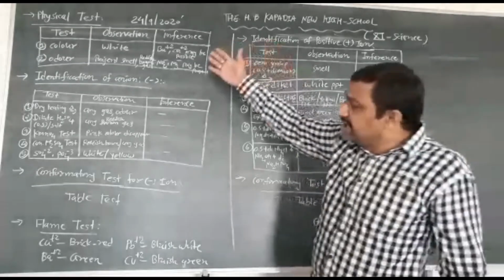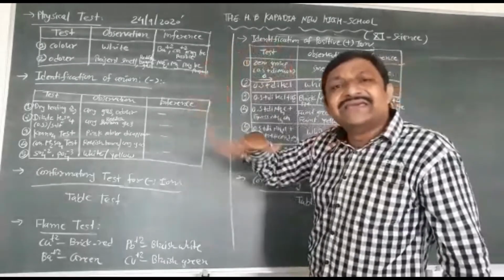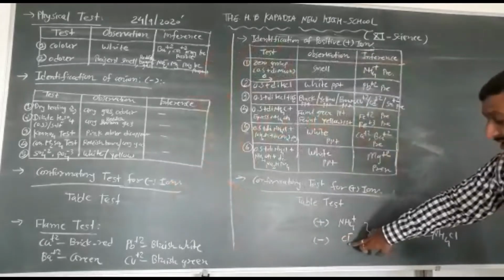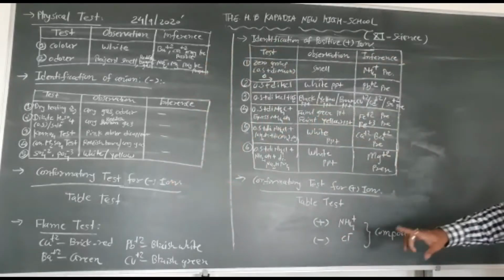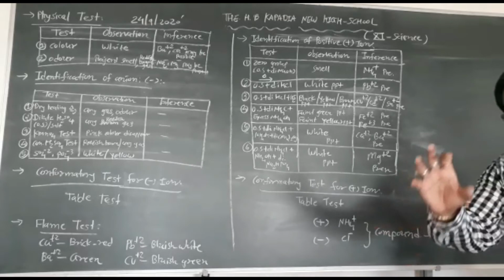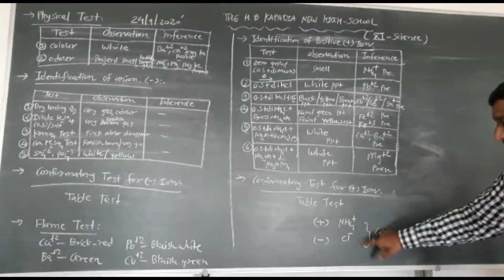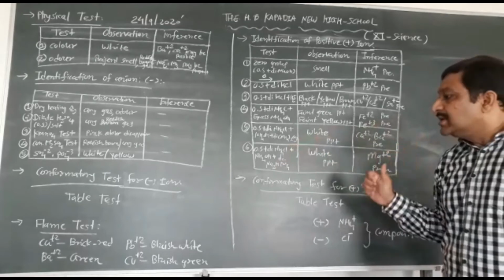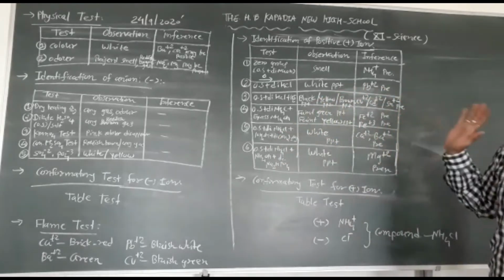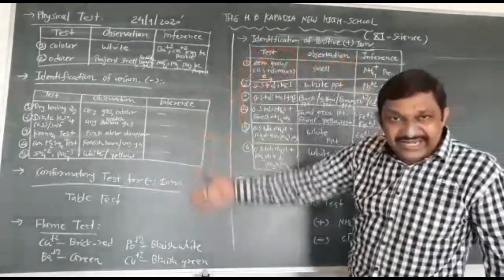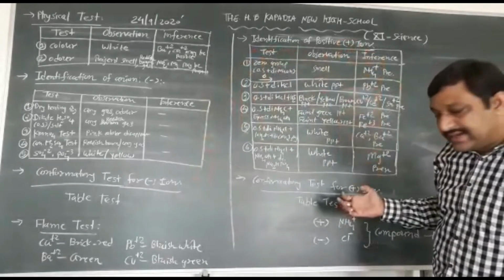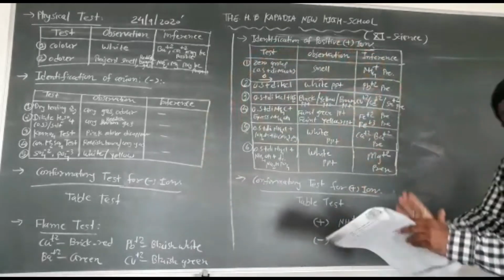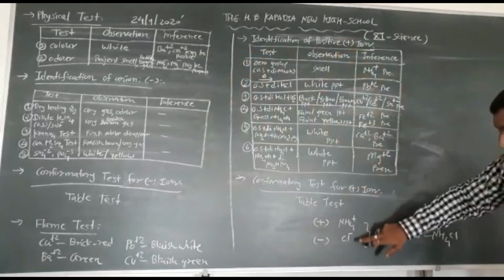If in negative ion you get Cl-, then your unknown compound is NH4Cl, ammonium chloride. Clear? So this is your method to find out negative ion and positive ion. Then you have to make a compound from the positive ion and negative ion.